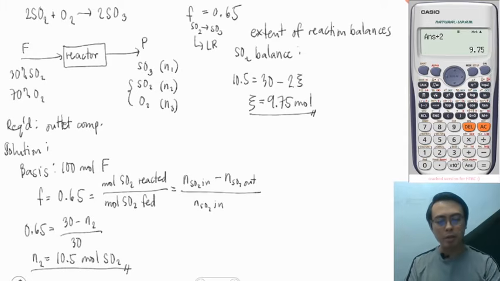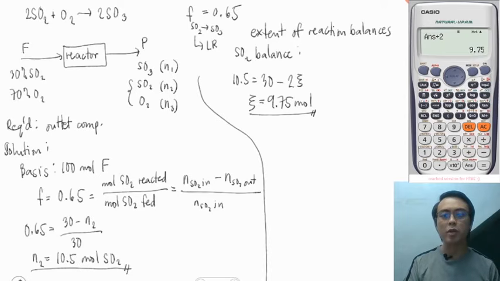Okay, next. Now that we were able to solve for the extent of reaction, it's now easier for us to determine the remaining components of the product. Let's begin with the SO3 balance. So what is your SO3 balance here?